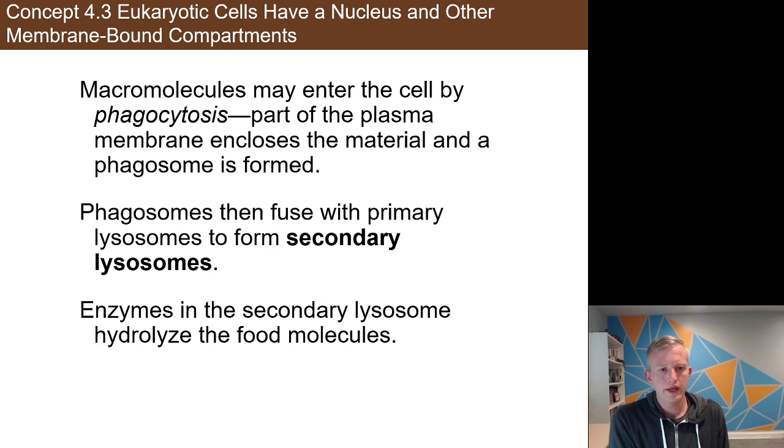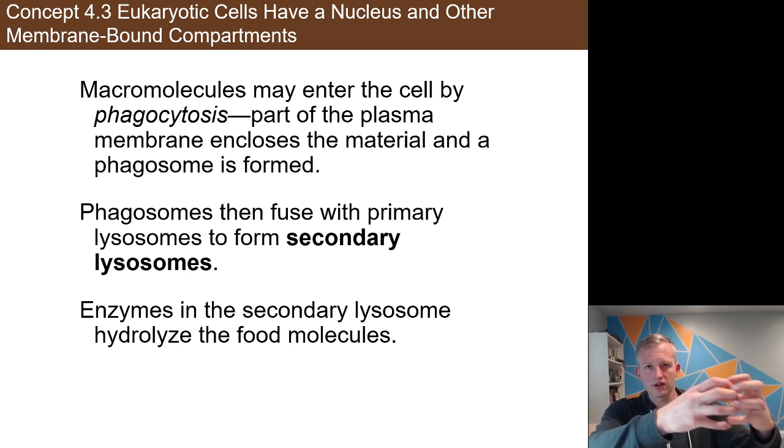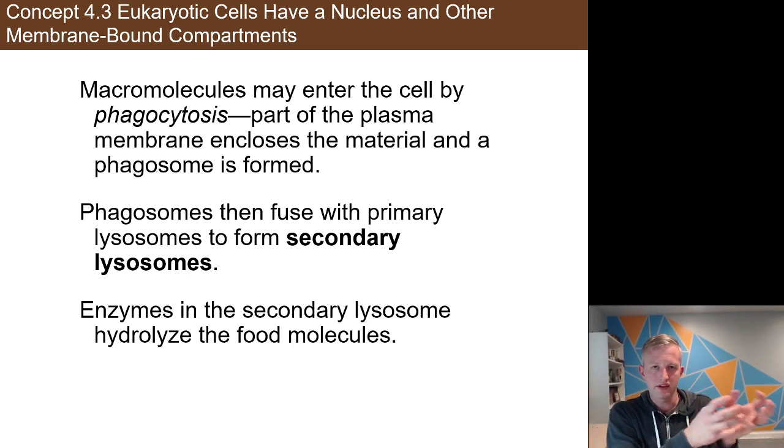So when molecules are taken in by the cell through phagocytosis, which is the cell eating, that's the taking material from the outside of the cell and pushing in a piece of the membrane, making a little vesicle and bringing that in, that can go a variety of places. And one of the places is that they fuse with these primary lysosomes and become what are called secondary lysosomes.